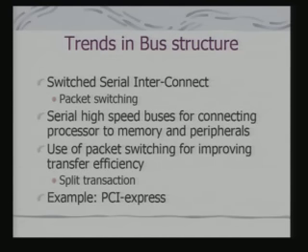Today you have bus structures, by which we mean how the CPU is connected to peripherals and memory. There also the trend is towards designing high speed switched serial interconnects, which effectively brings in packet switching, for improving what we call transfer efficiency.